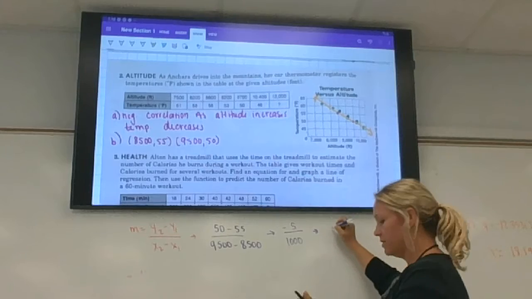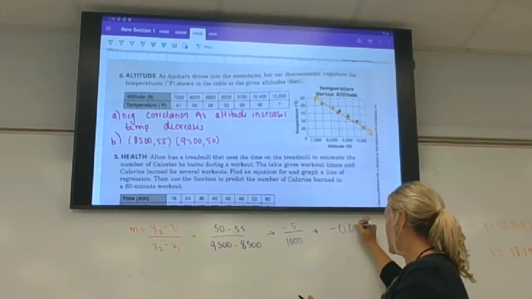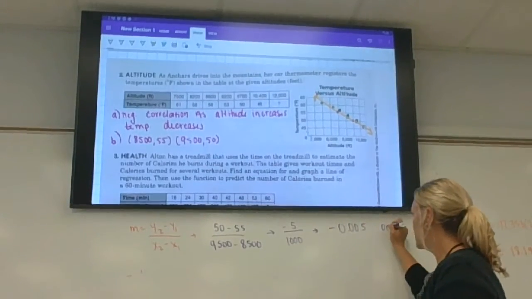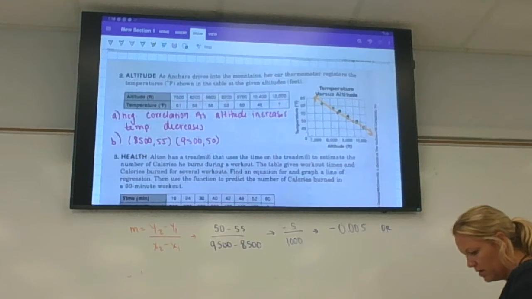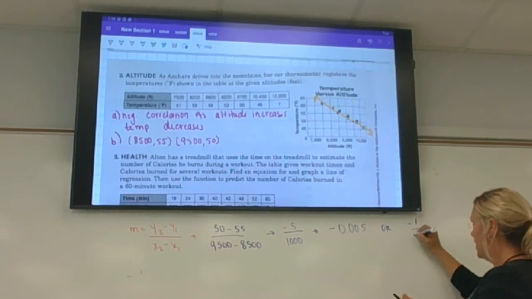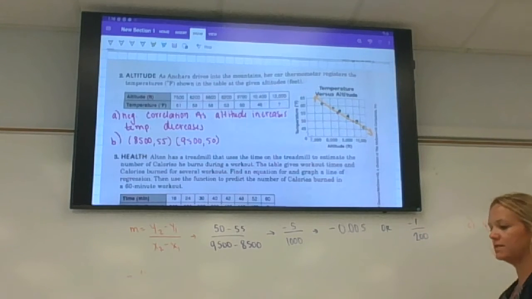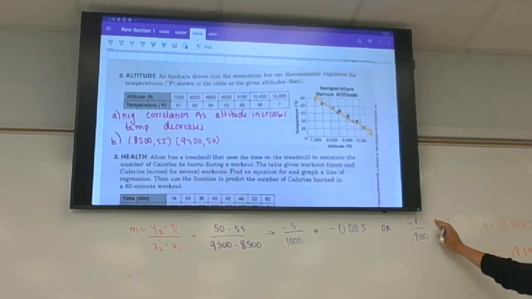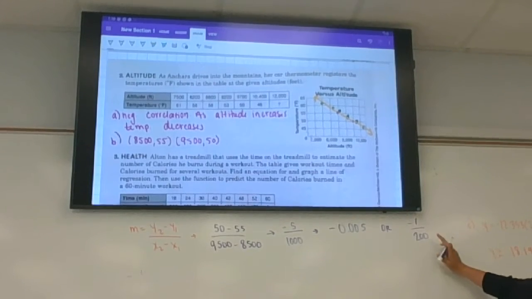If you want to use a decimal or a fraction, I would take either one here. I kind of like -1/200 because it makes sense. Every 200 feet in altitude I go up, my temperature drops 1. For some of you, it only drops 100. It drops 1 every 100 feet.